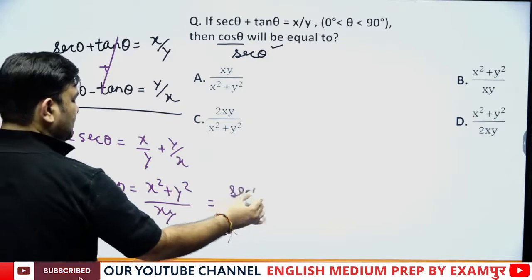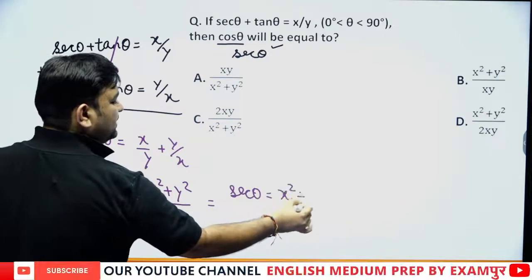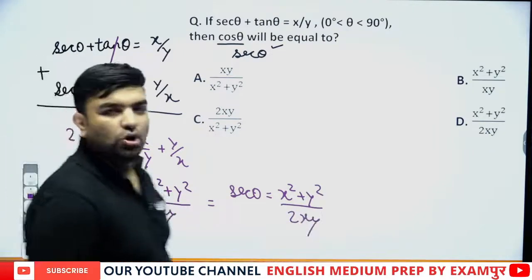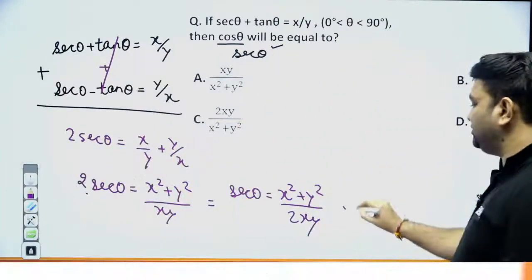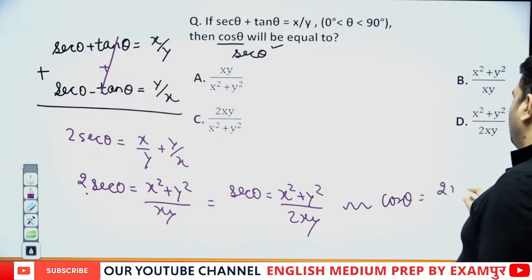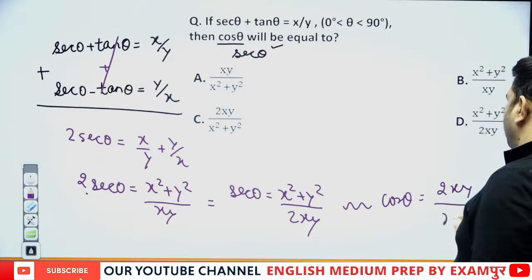Sec theta is equal to x square plus y square over 2xy. So cos theta is the inverse of it, that is 2xy upon x square plus y square.